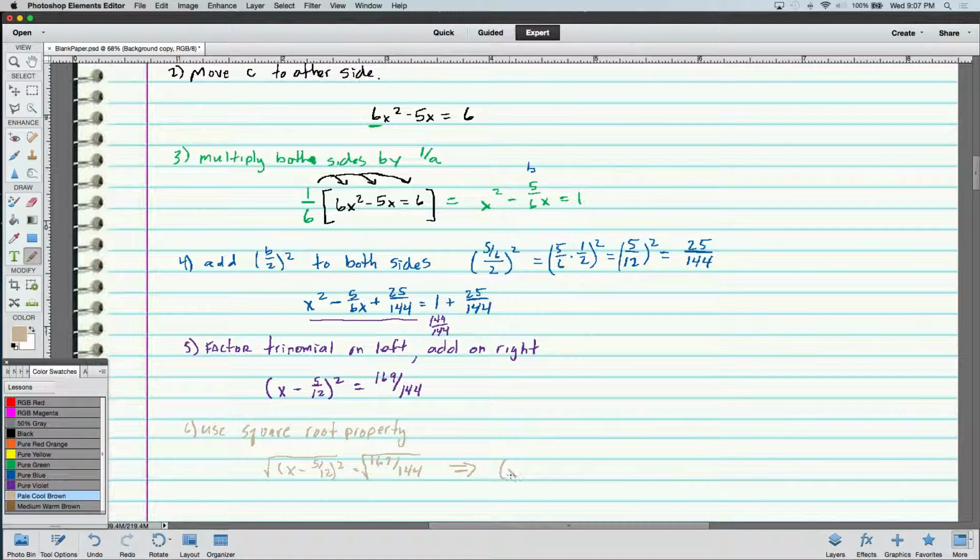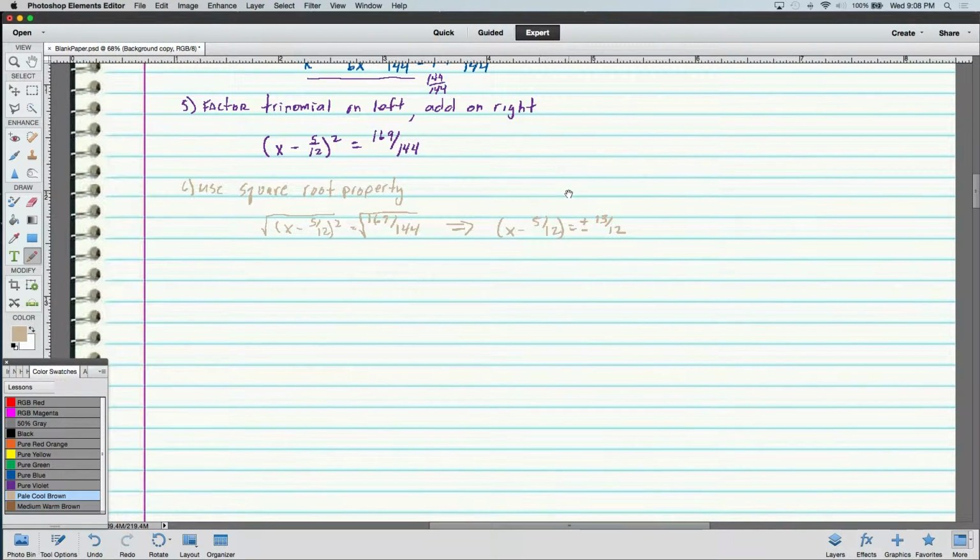And that's going to give us x minus 5 over 12 equals, and since the numerator and the denominator are both perfect squares, the square root of 169 is 13. The square root of 144 is just 12. And we'll have plus or minus. Don't forget, when you take the square root, you're always going to have plus or minus whatever is on the other side.